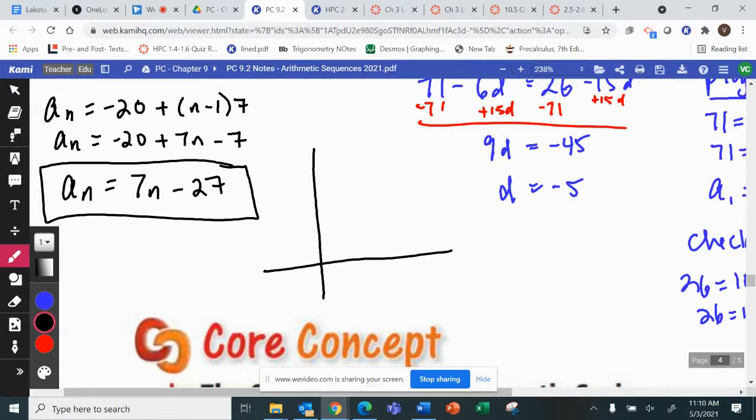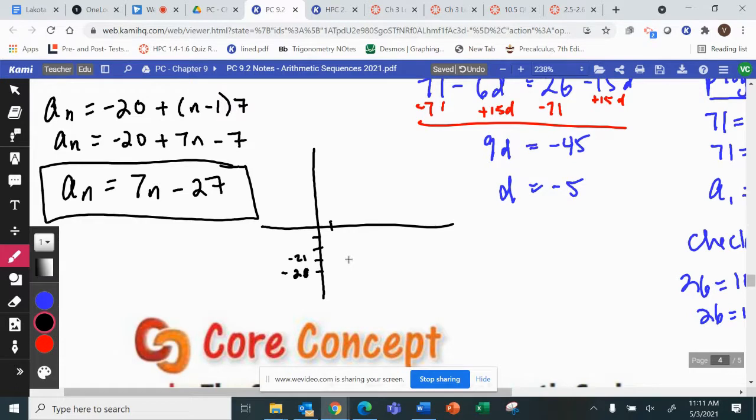So graphing those first 6 terms, you can see from this first one that term 1 is negative 27, and that we're increasing by 7 each time. I didn't draw a good graph. I should have thought about that before I drew my axes. I saw a lot of you making this harder than you need to.